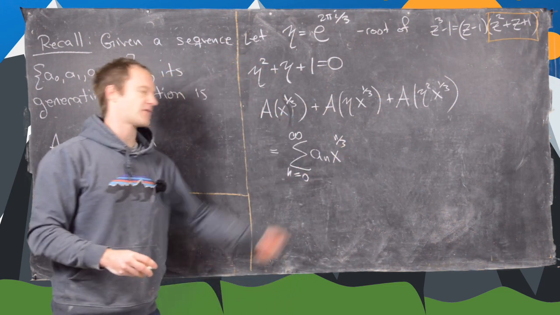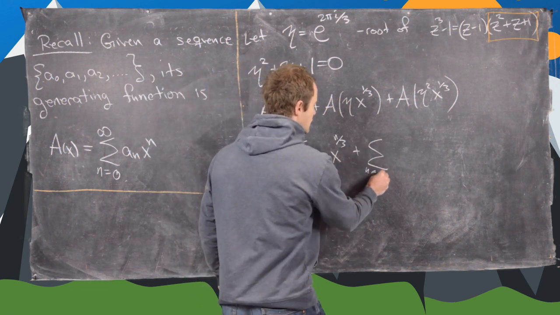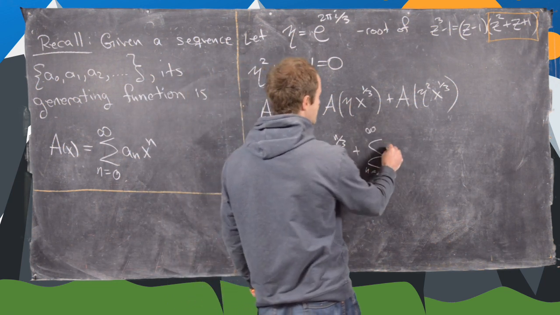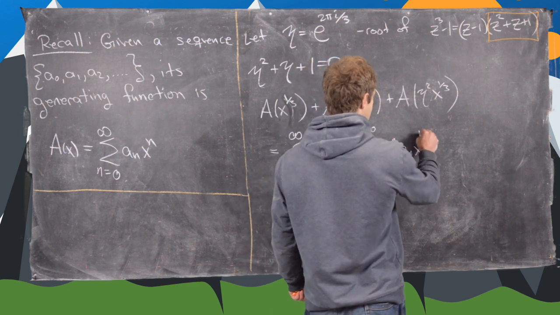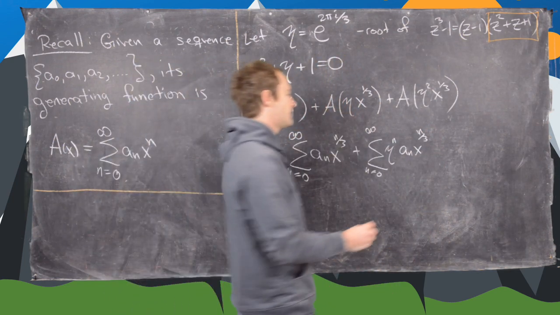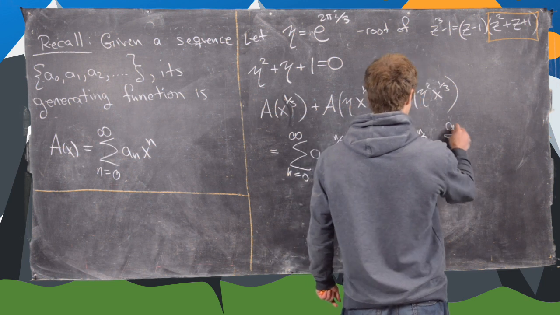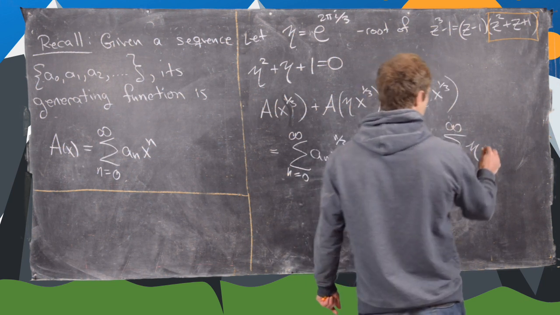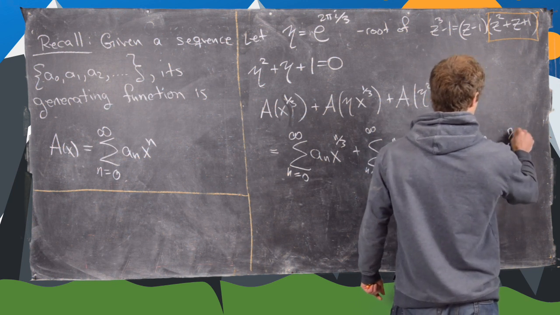So that's this first term, plus the sum n equals 0 to infinity of eta to the n a sub n x to the n over 3. And then finally, the sum n equals 0 to infinity of eta to the 2n a sub n x to the n over 3.